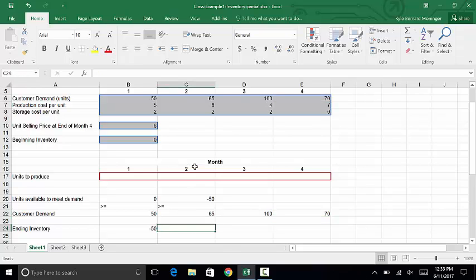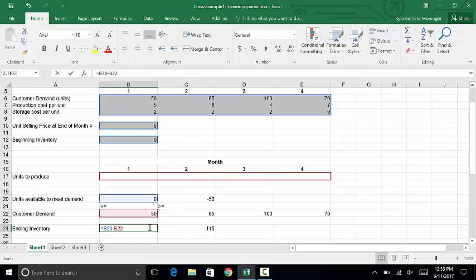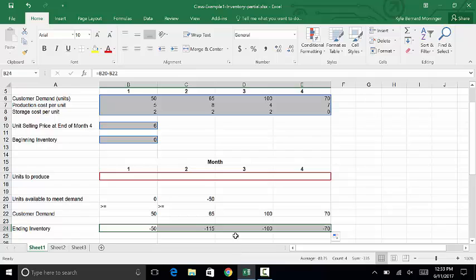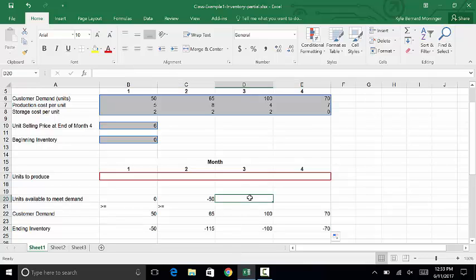My ending inventory for month 2, again, is going to be what I have on hand minus what the customers purchased. This formula is going to be the same for every month. So I'm going to drag that one across too. Again, for month 3, my units available to meet demand is what I have produced in month 3, plus the beginning inventory for month 3.